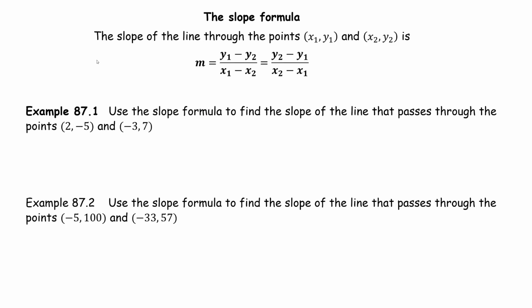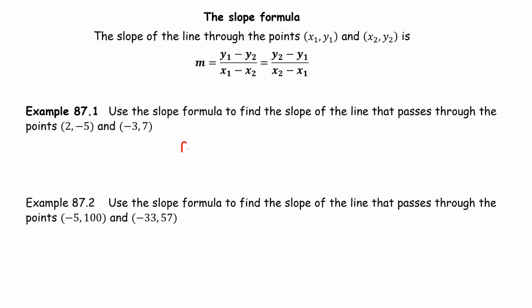That is the slope formula. The slope of the line through the points x1, y1, and x2, y2 is just m equals y1 minus y2 over x1 minus x2, or similarly, y2 minus y1 over x2 minus x1. So if you wanted to find the slope of the line through the points 2, negative 5, and negative 3, 7, you could do it one of two ways.